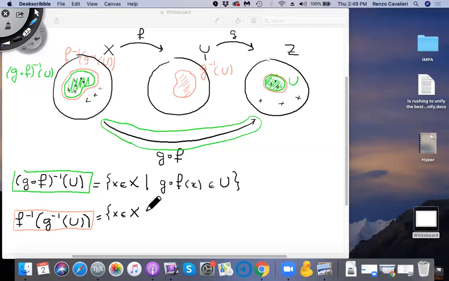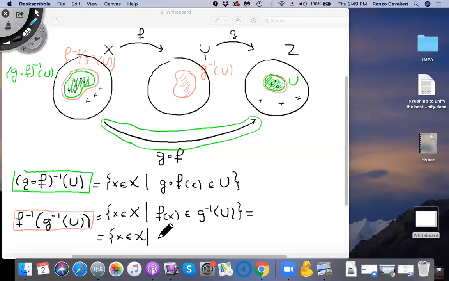So this is the x in X such that f of x is in g inverse of U. But what does it mean to be in g inverse of U?